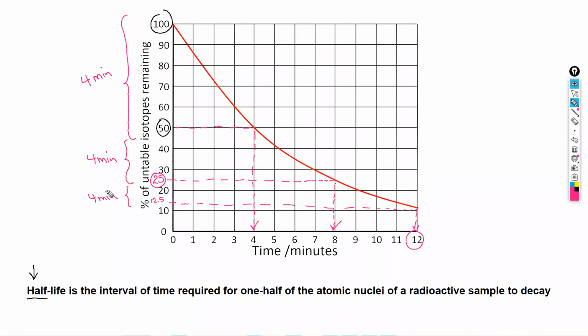You'll notice the 4 minutes is consistent. It seems that whatever value we are at, to reach half of that value always takes the same amount of time. And that time, 4 minutes, is known as your half-life, right?